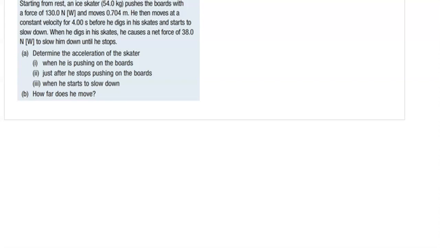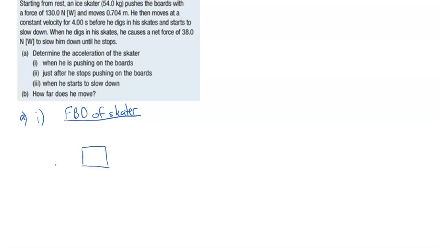The first part, as we always have to do for these types of problems, is drawing a free body diagram. So we're going to draw the FBD of the skater. Because there's just one skater, the free body diagram should be relatively straightforward. It's just some of the calculations that we have to bring the 5 equations of motion in for. In this case, if he's pushing off the boards, he's pushing with a force in the westwards direction.